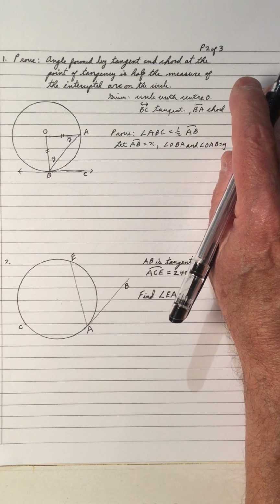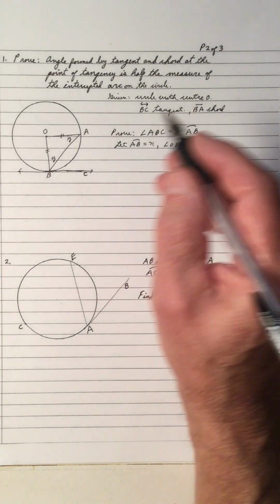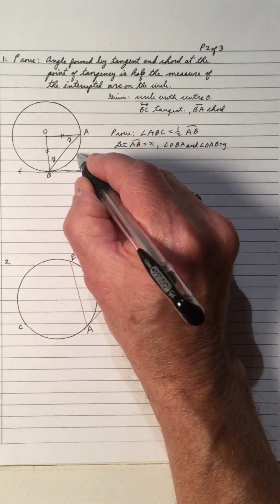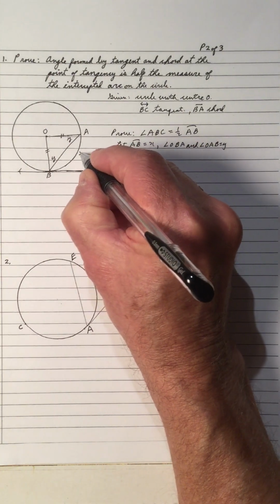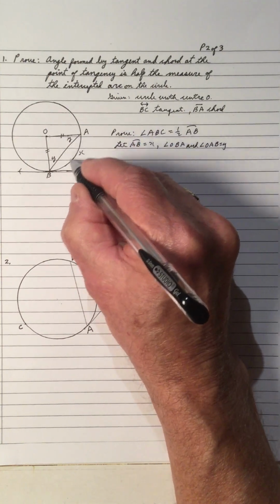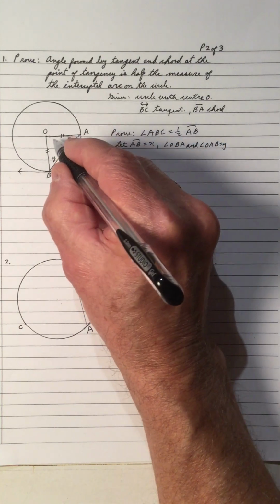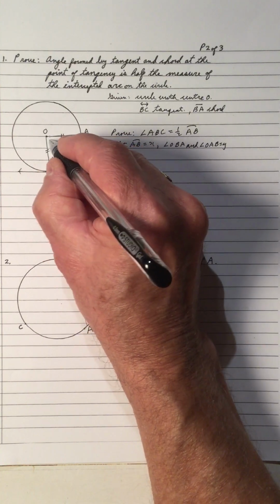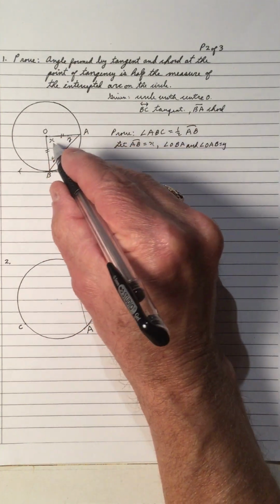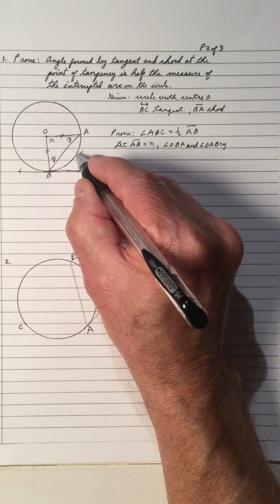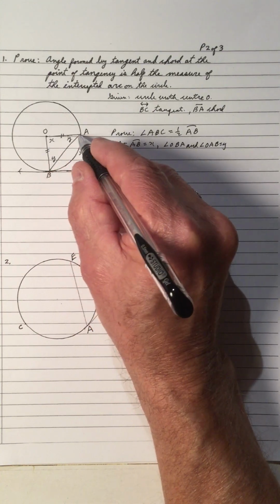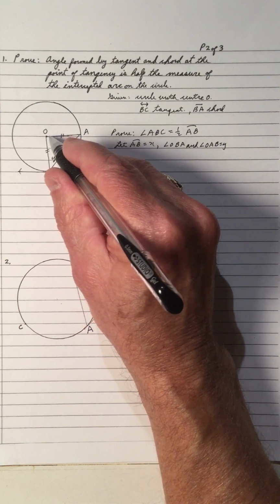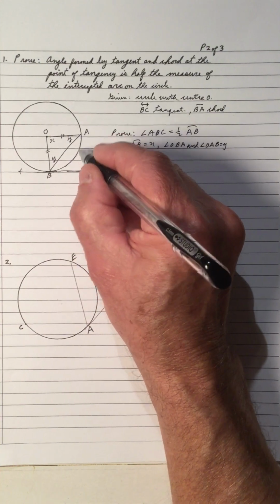To do this proof, I'm going to write it out partly. We let this arc AB be X. So the central angle BOA is also X, because the central angle has the same measure as its arc. Angle AOB is the central angle made of 2 radii with the vertex at the center, so it's equal to the intercepted arc.